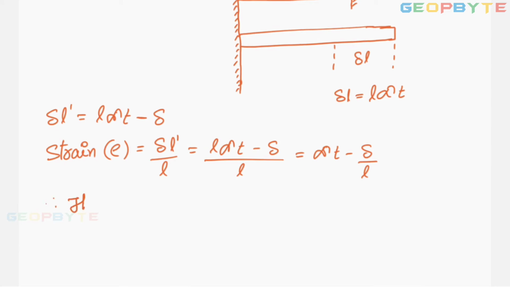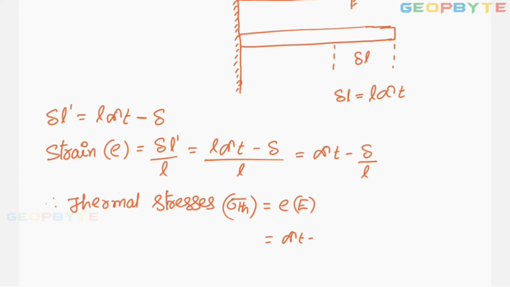Therefore, thermal stresses due to temperature change by allowing the yielding equal to strain times the Young's modulus. Strain is alpha T minus delta by L multiplied by Young's modulus. This is the formula for deciding the temperature stress due to allowing some yield.